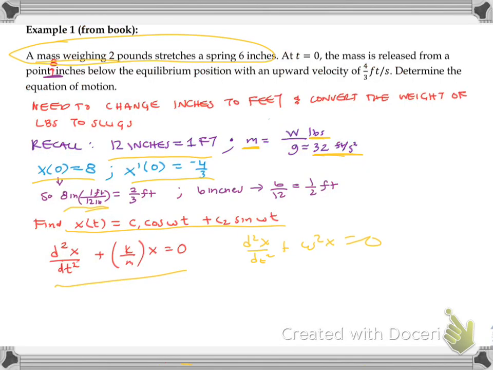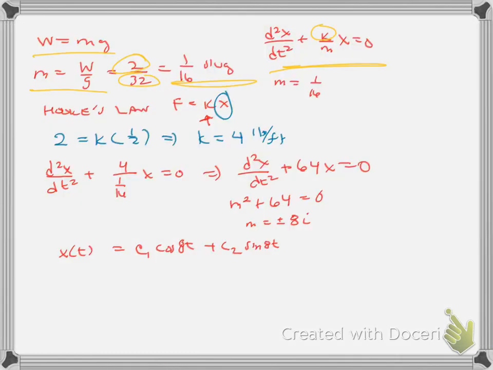And we know because the question gave us the initial position information as well as the velocity information, we're going to have to find x prime of t. So let's do that now. x prime of t is going to be negative 8c1 sine 8t, right? Plus 8c2 cosine 8t.